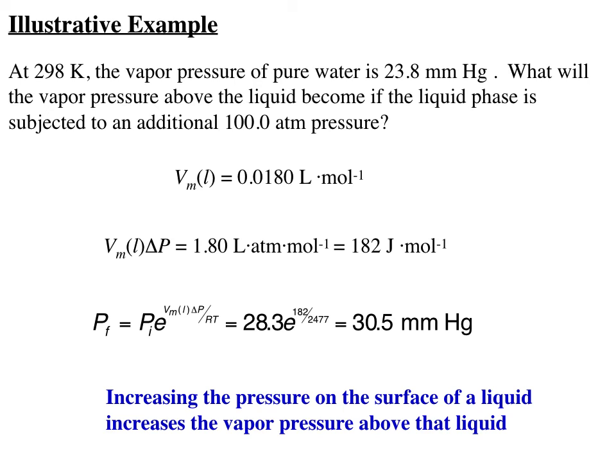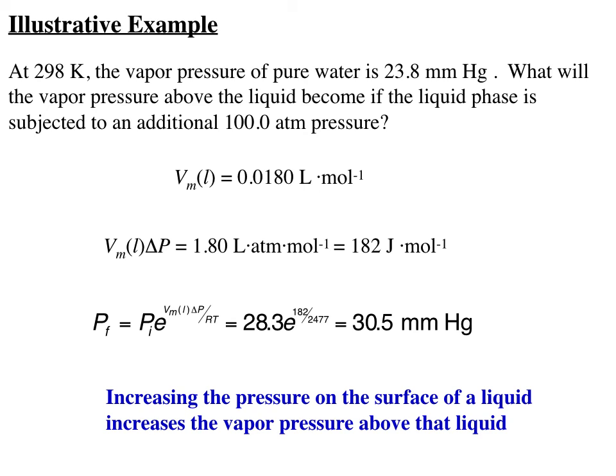So I have 182 joule per mole for my Vm delta P term, after I convert from liter atmospheres per mole to joule per mole. How do I do that? I multiply by 101.3 joules per liter atmosphere, and my 1.8 liter atmosphere per mole becomes 182 joule per mole.